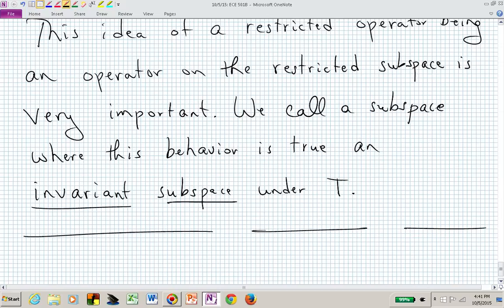That's an invariant subspace under a particular linear map.